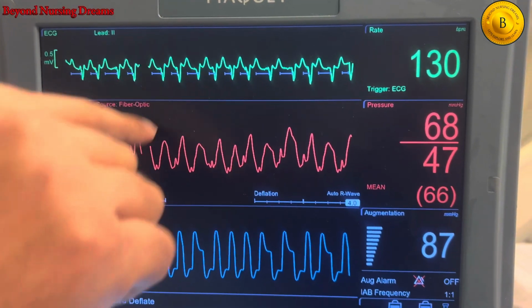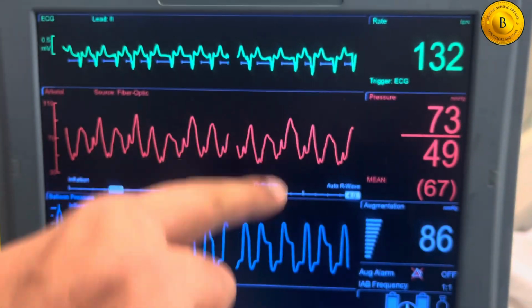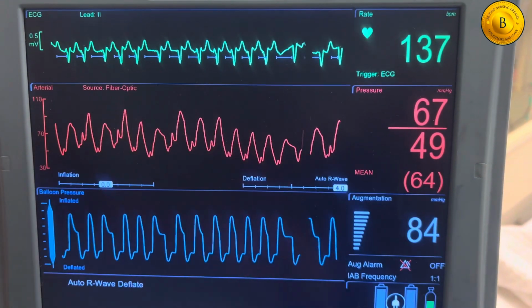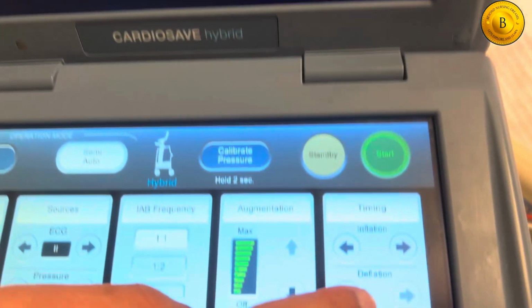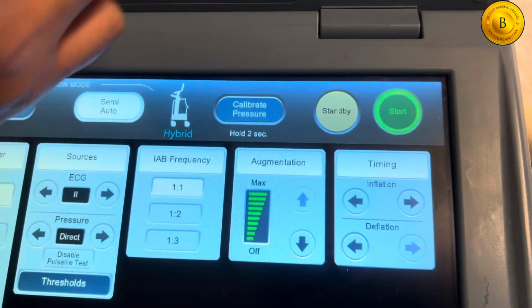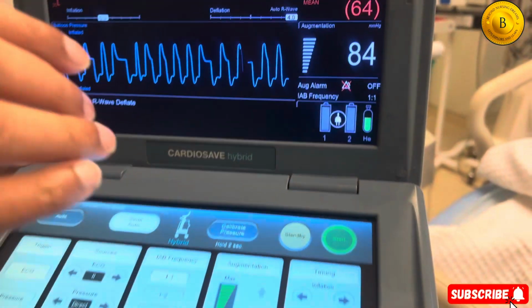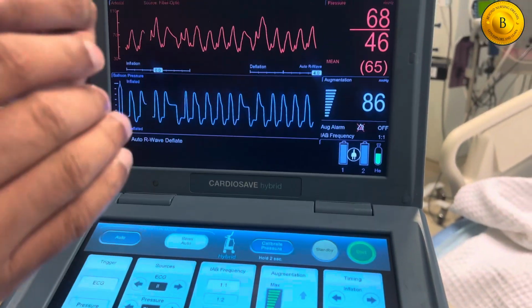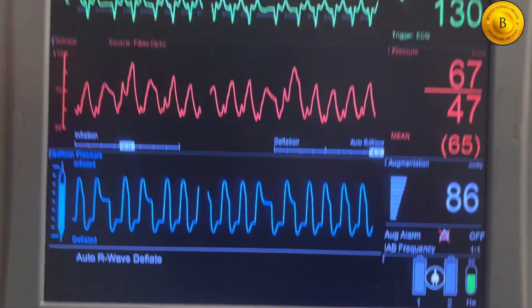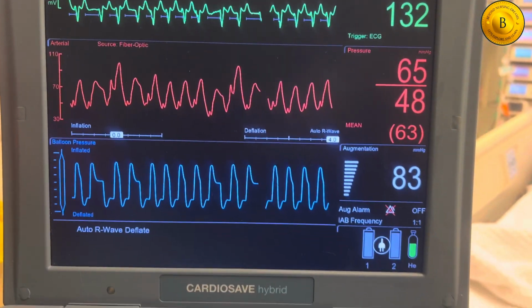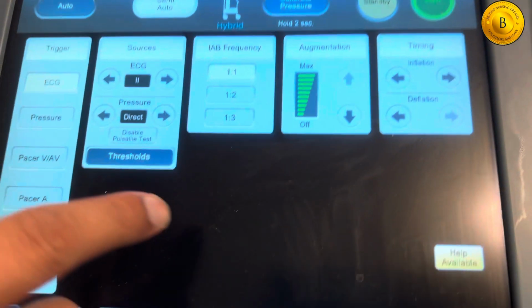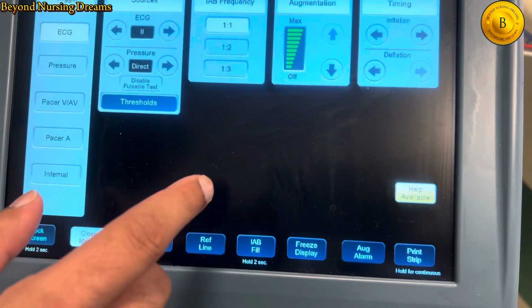Ideally it should be an M-shaped waveform. If it is not maintained, then we adjust the inflation and deflation timing itself. We can set how much time we need for the catheter to inflate, and how much time for it to deflate. So these are basically our touch parameters.